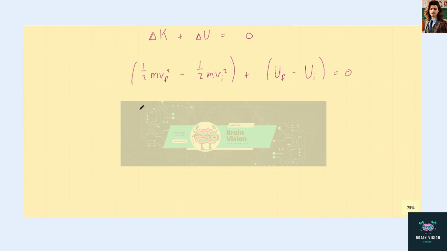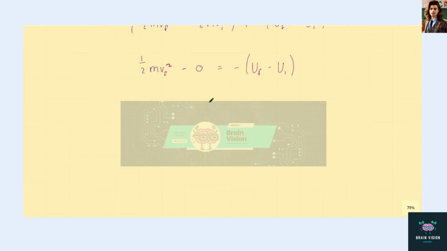Now the final kinetic energy of the block is that through the equilibrium position, a half m vf squared. Now vf is what we want to find, the speed of the block through the equilibrium position. Its initial kinetic energy is 0 since it starts from rest, and this is equal to minus uf minus ui, the change in elastic potential energy.